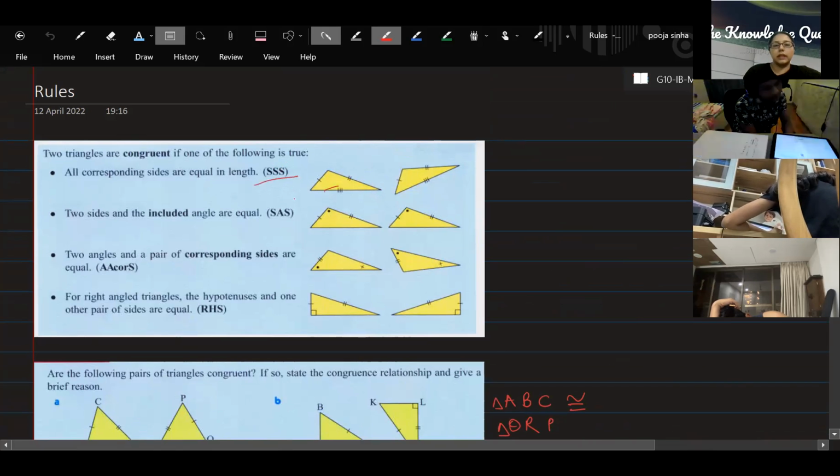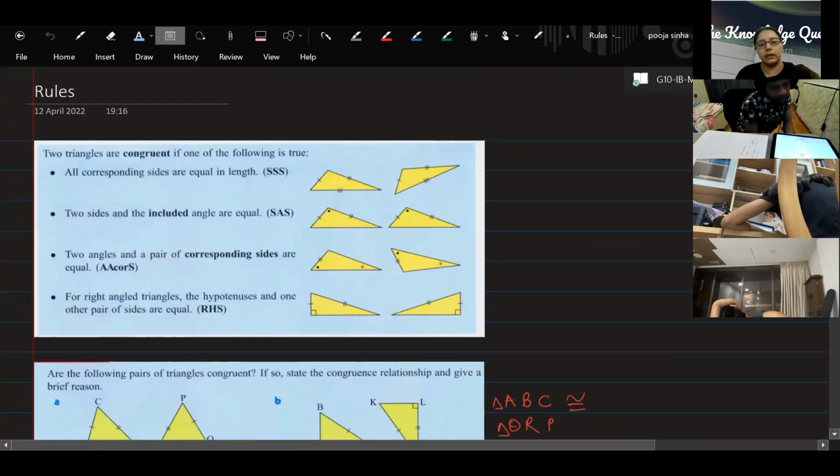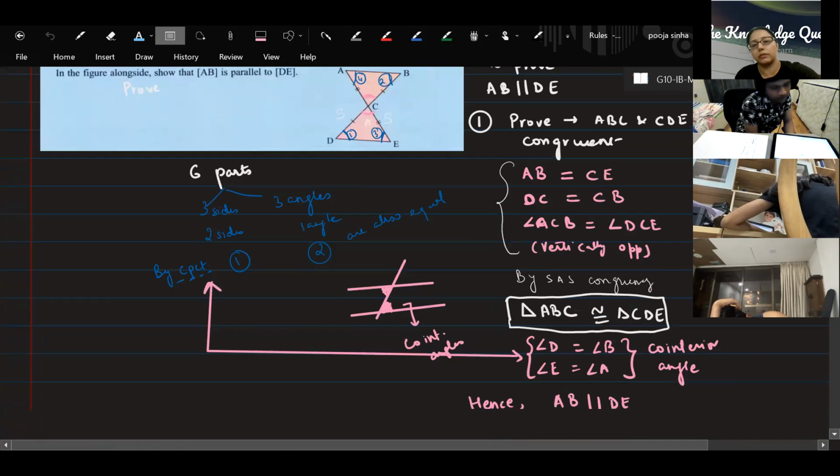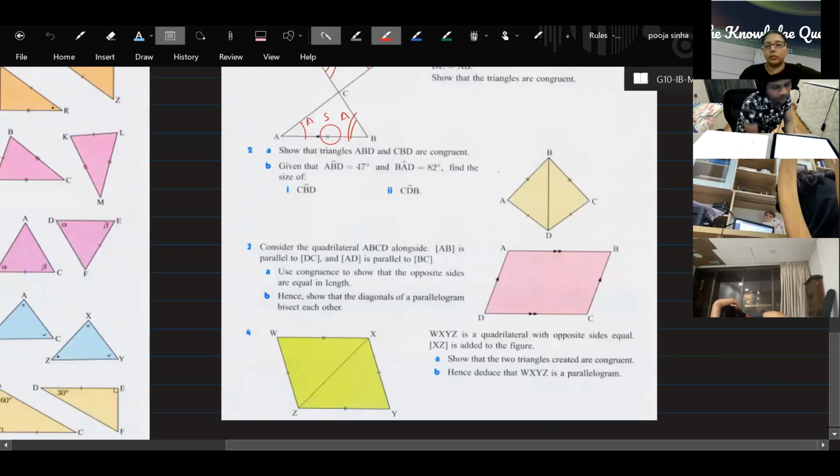Side, angle, side. SAS. Double A, core S. A core S. Yeah, and RHS. And RHS, right? ASA is not written here. You also use that. Okay. Then, all right. So, abhi yahan dono triangles mujhe dikh rahe hain. What can I clearly see? Can I say that this side AB is equal to BC?